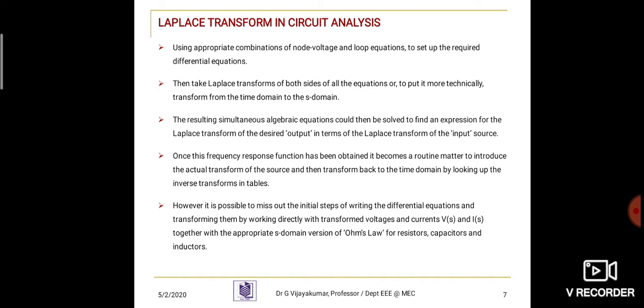We would transform from the time domain to S domain. The resulting simultaneous algebraic equations could then be solved to find an expression for the Laplace transformation of the desired output.